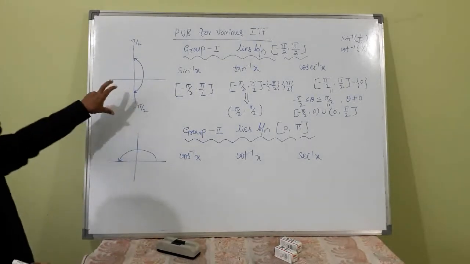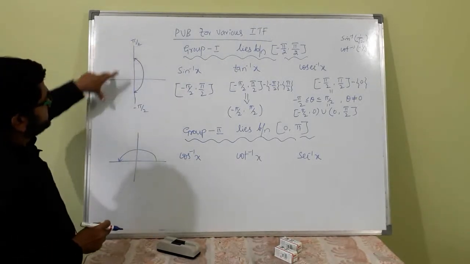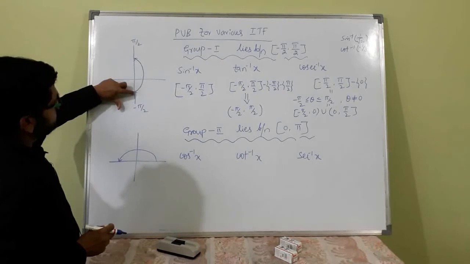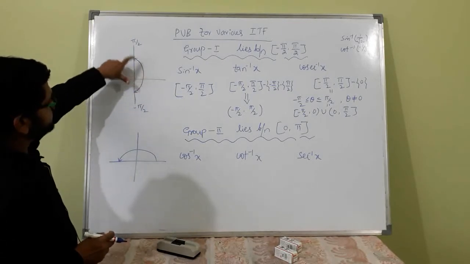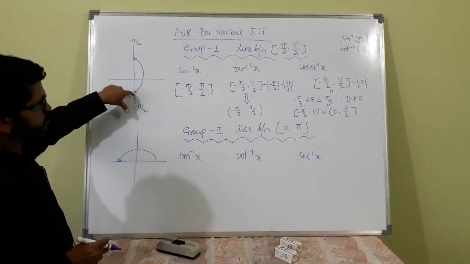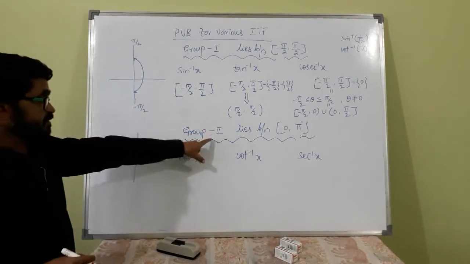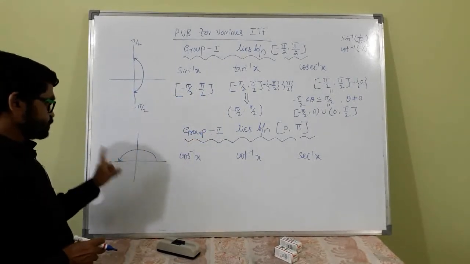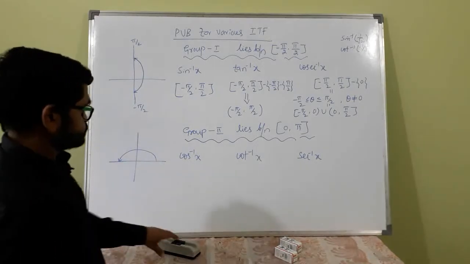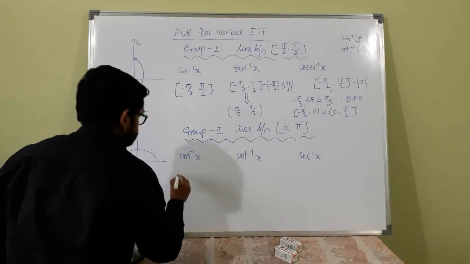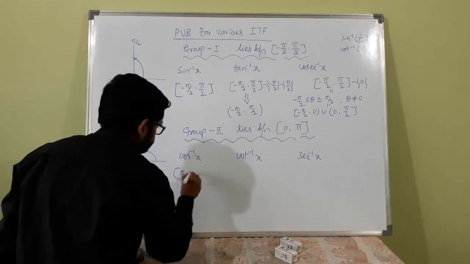You got it? See, in the first group, the principal value lies between minus π/2 to π/2. In the second group, it is from 0 to π. For cos, this is 0 to π.